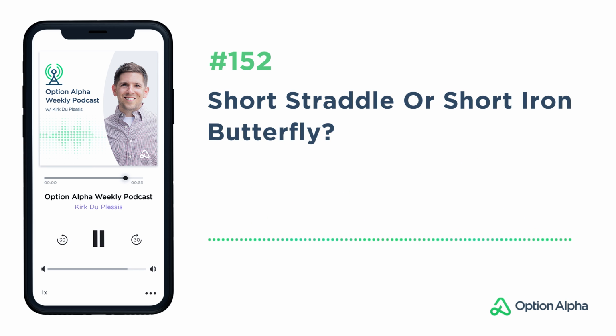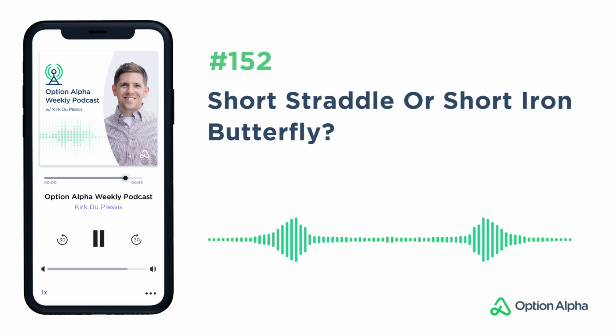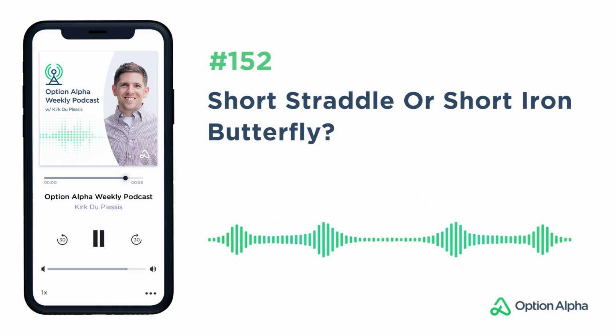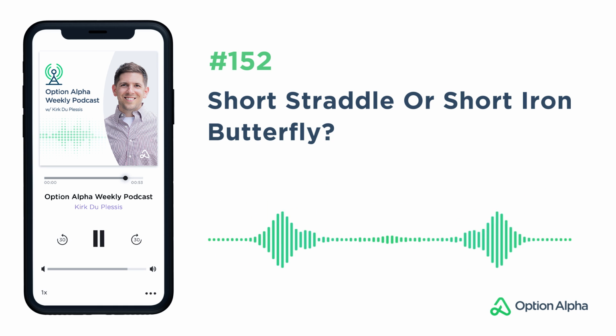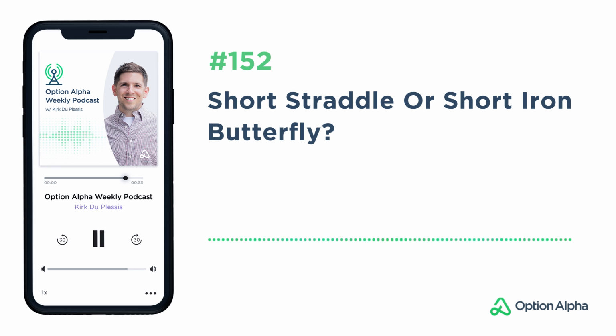So how do you get potentially the best of both worlds? You still want to be selling pure premium, but you also want to protect yourself in case there's a spike in volatility. And so what I like to do is iron butterflies during low implied volatility times, because if the stock has low implied volatility, it's probably going to stay pretty much range bound. So I want to sell as much premium as I can.